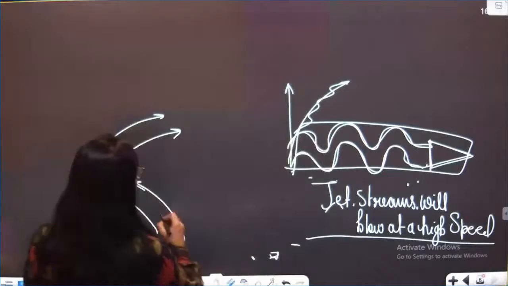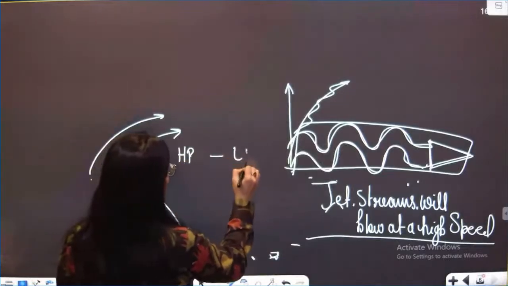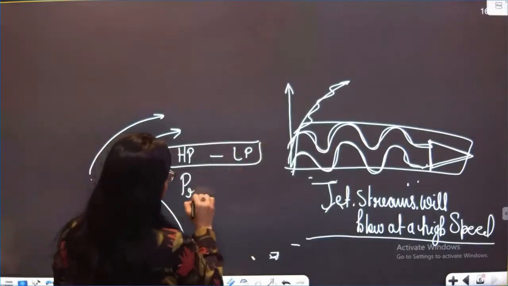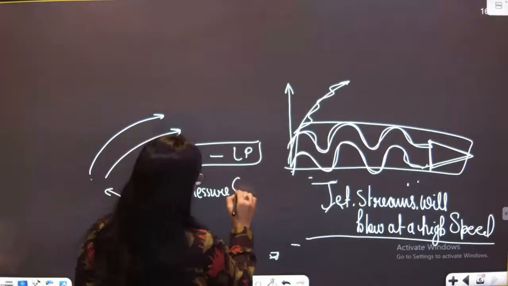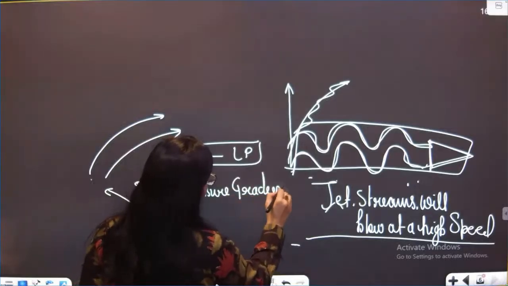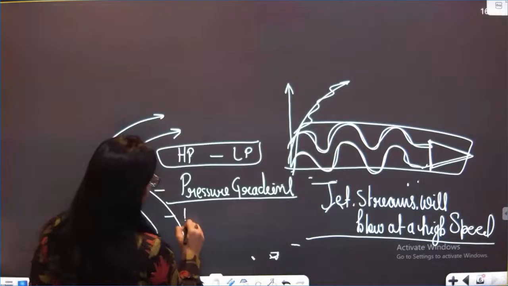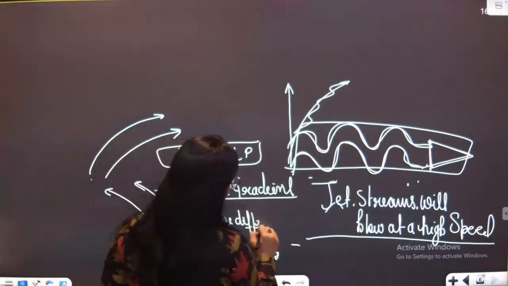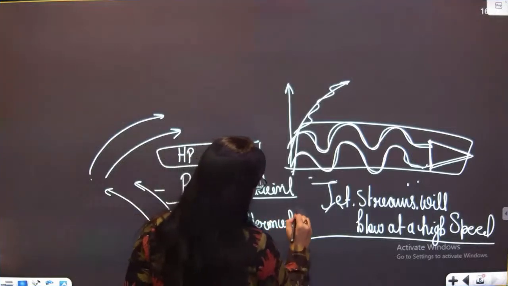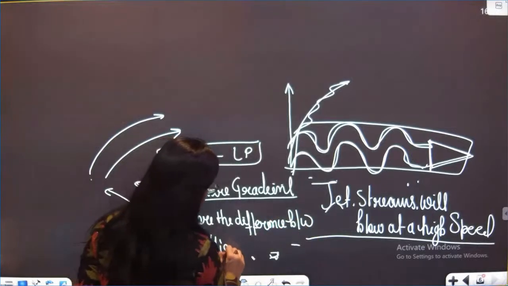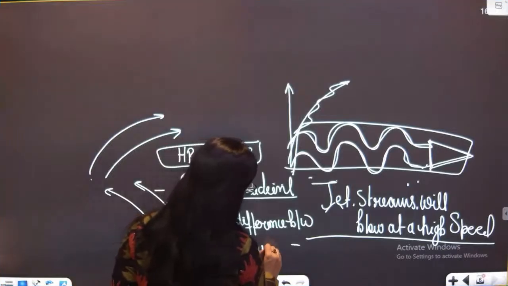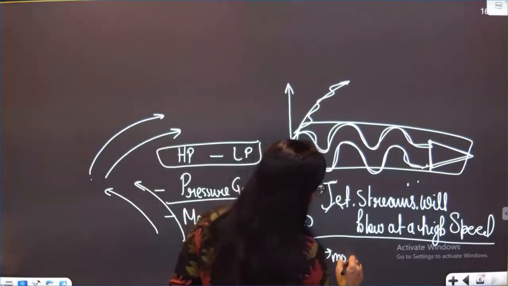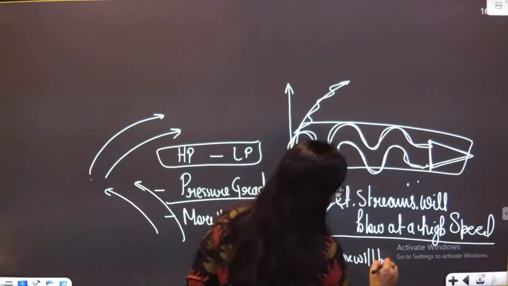The more the difference between high pressure and low pressure, the higher will be the speed, the more will be the velocity.